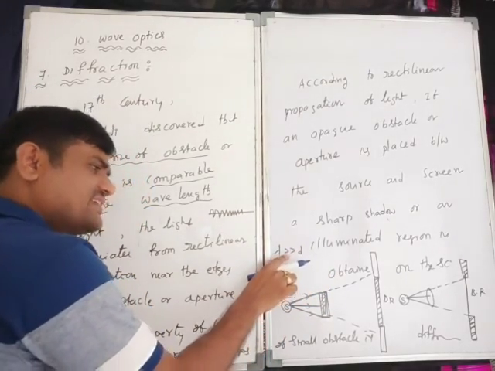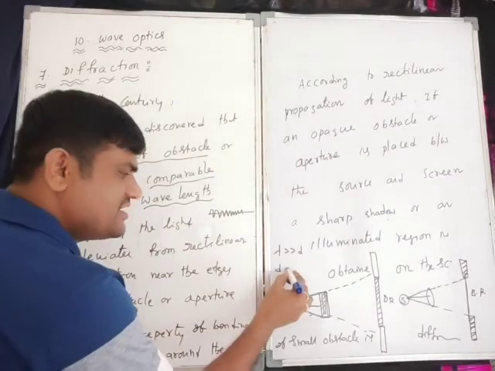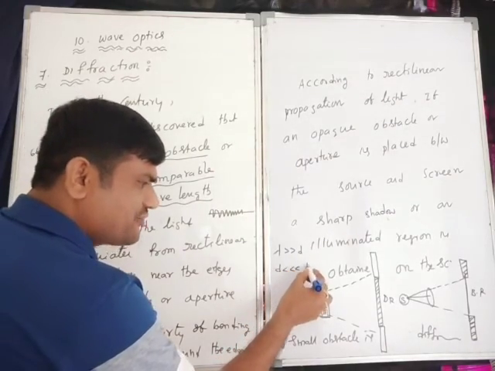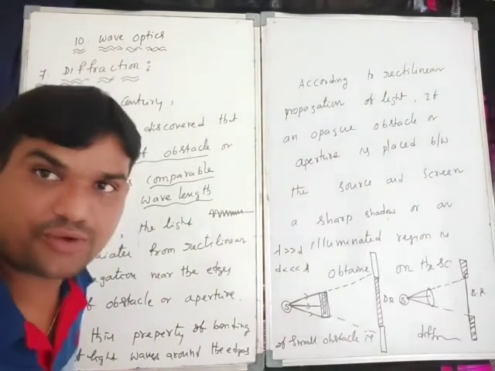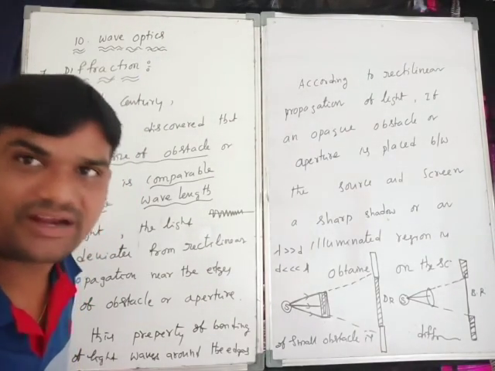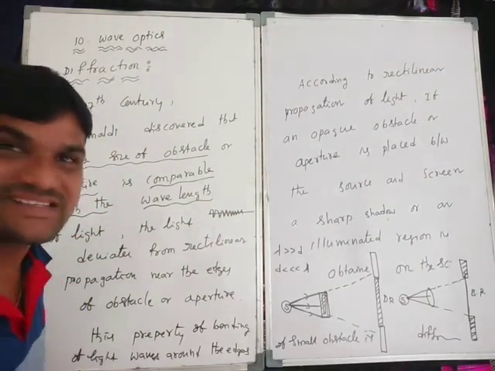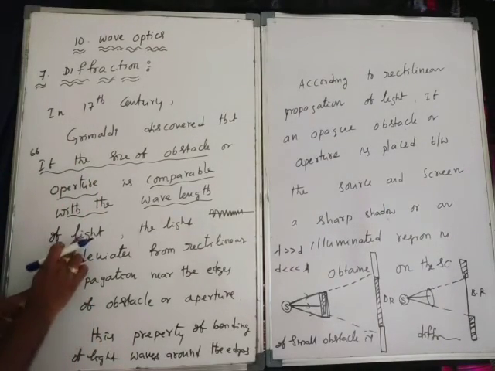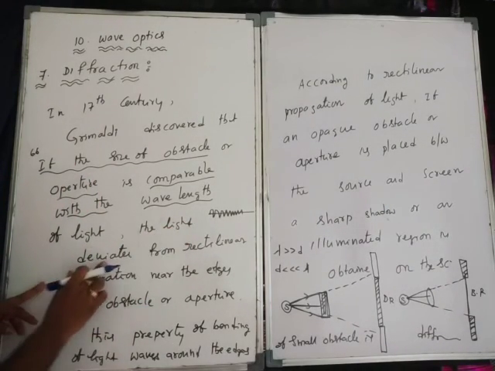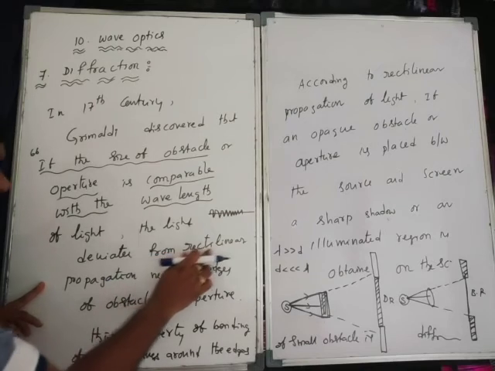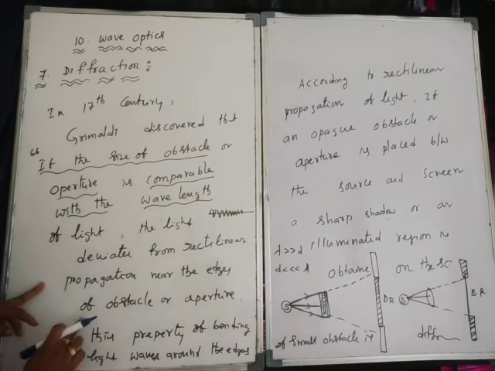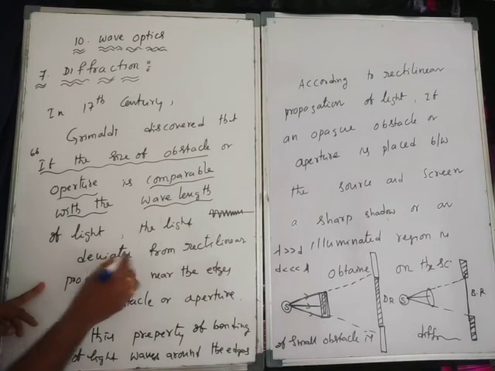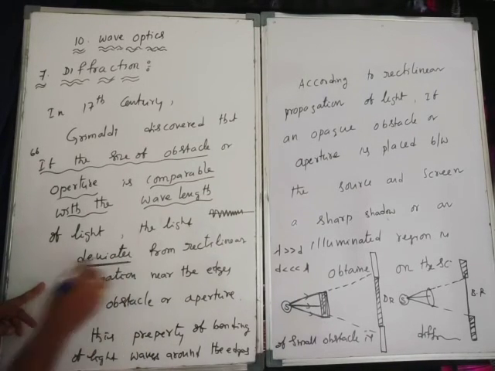Lambda is greater than d, or else d is smaller than lambda. In that case, we can observe one phenomenon: the light deviates from rectilinear propagation near the edges of the obstacle.